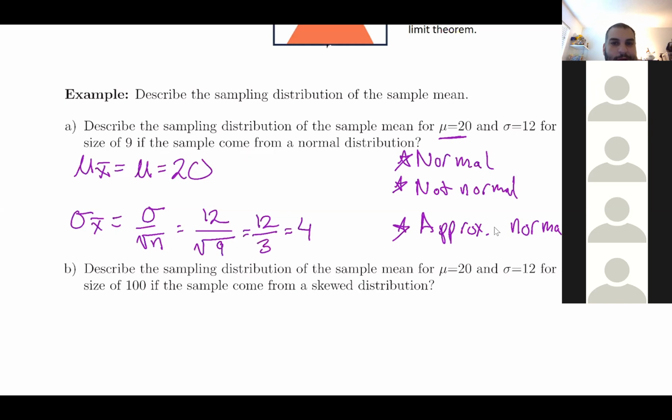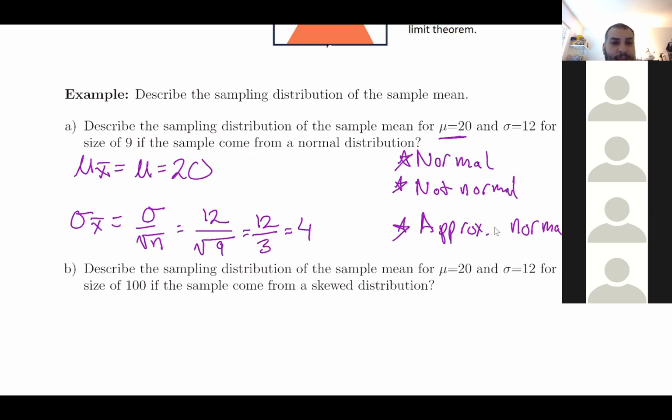Yes. All right, so up next, we're going to decipher if this data set is normal, not normal, or approximately normal. If it's normal, the problem has to tell you the data set is normal. If it's not normal, that means the problem doesn't tell you it's normal and it doesn't pass the central limit theorem. If it's approximately normal, that means the data set wasn't normal, but it passed the central limit theorem.